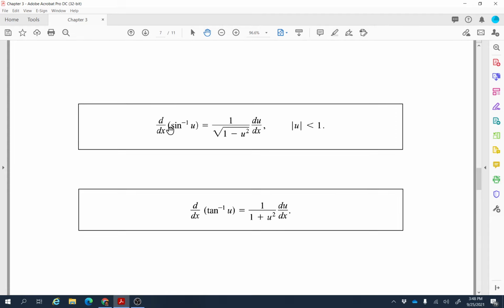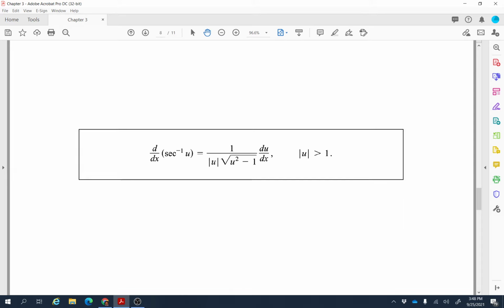So instead of x, if you have u, where u is a function of x, then we can use the chain rule and write it down. The derivative of sine inverse of u with respect to x is 1 over square root of 1 minus u square times du over dx. That's from the chain rule. And the derivative of tan inverse of u is 1 over 1 plus u square times du over dx.